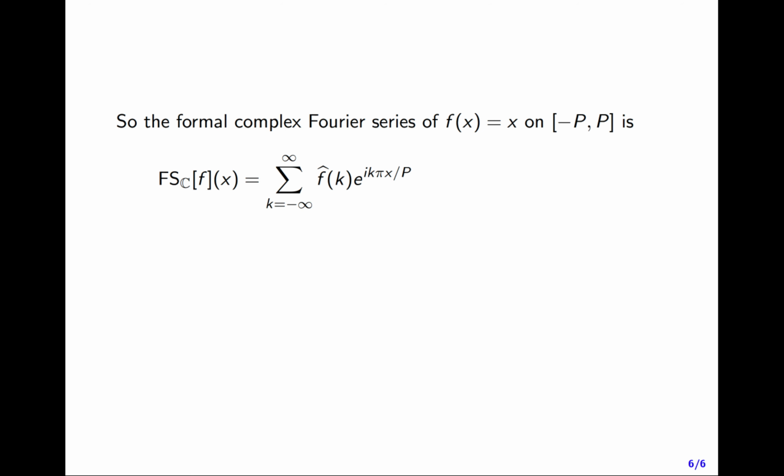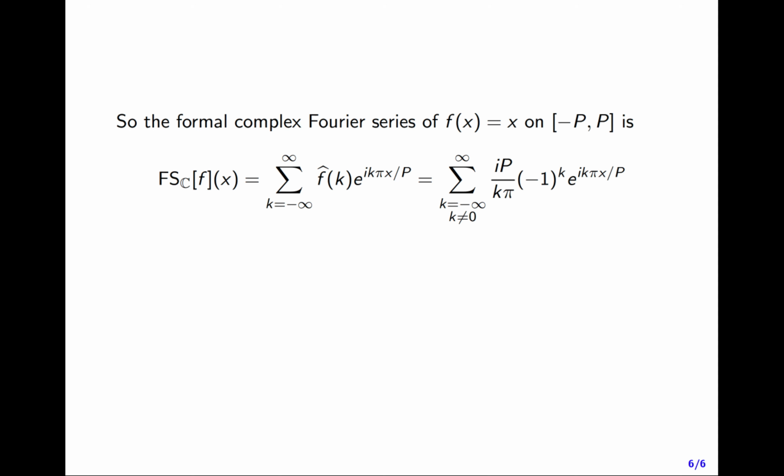So the formal complex Fourier series of f of x equals x on the interval minus p to p is the sum from k equals minus infinity to infinity of f hat of k e to the ik pi x over p. So that'll be the sum from k equals minus infinity to infinity, and here I've put a subscript there.